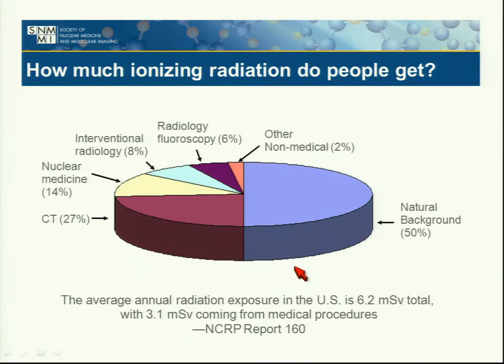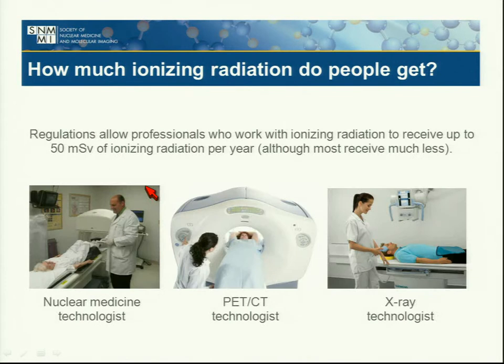So keep that in mind. In this case, half of it comes from the background we just talked about, that 3 millisieverts, and the other half comes from medical imaging. Half of that is from CT scans, and about a quarter of that is from nuclear medicine scans, mostly nuclear cardiology, for those people who have had the stress test.